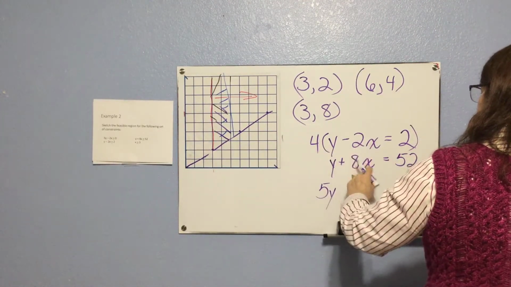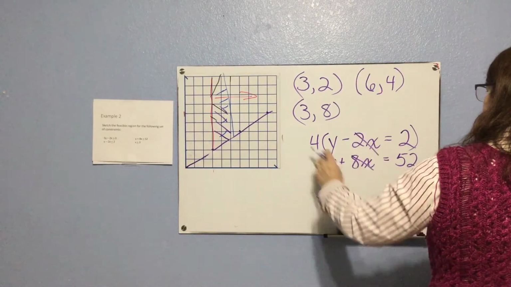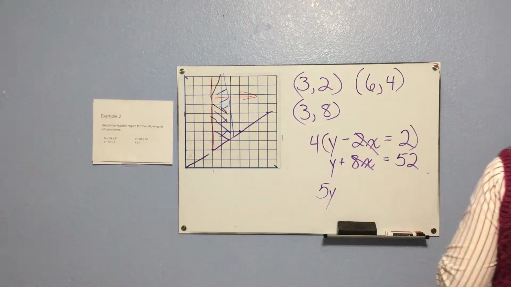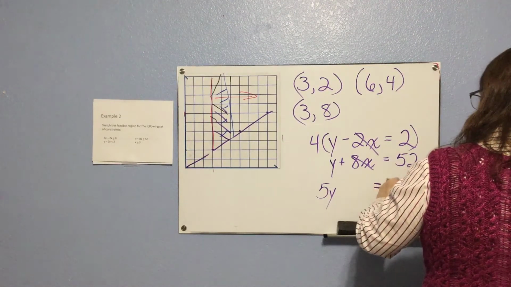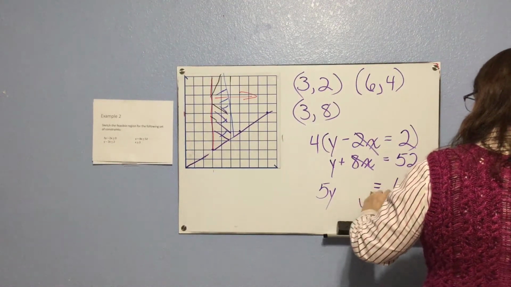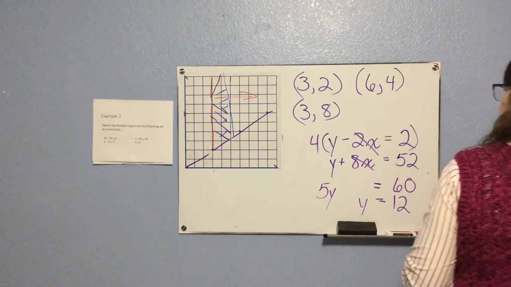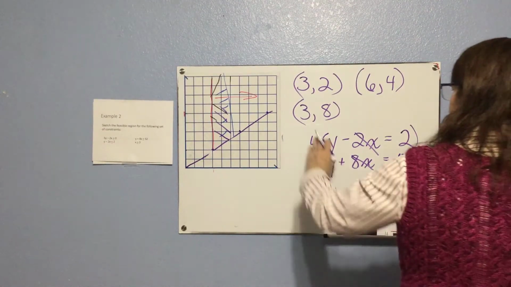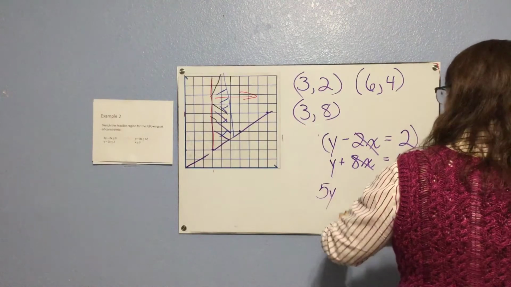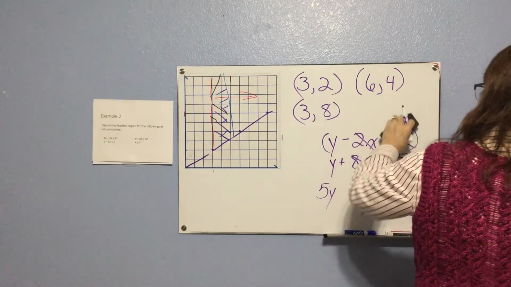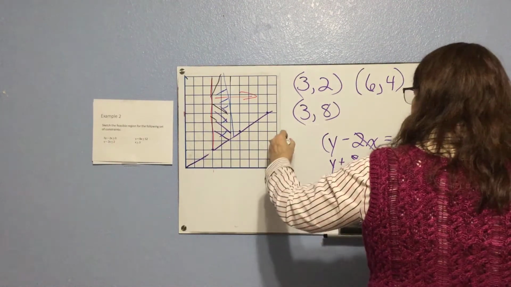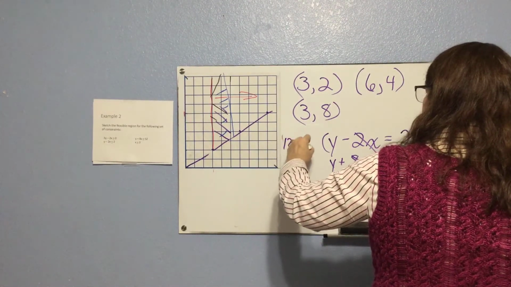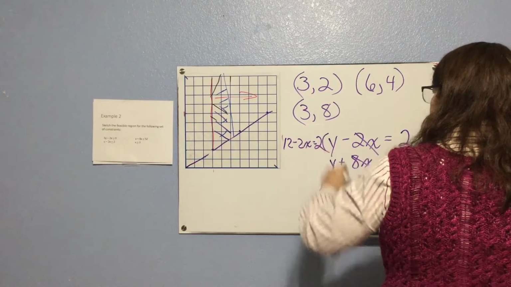Negative 8x and 8x are going to cancel out. 4 times 2 is 8, plus the 52 is 60, so y equals 12. And then we can put that back in our original equation up top here and have 12 minus 2x equals 2.